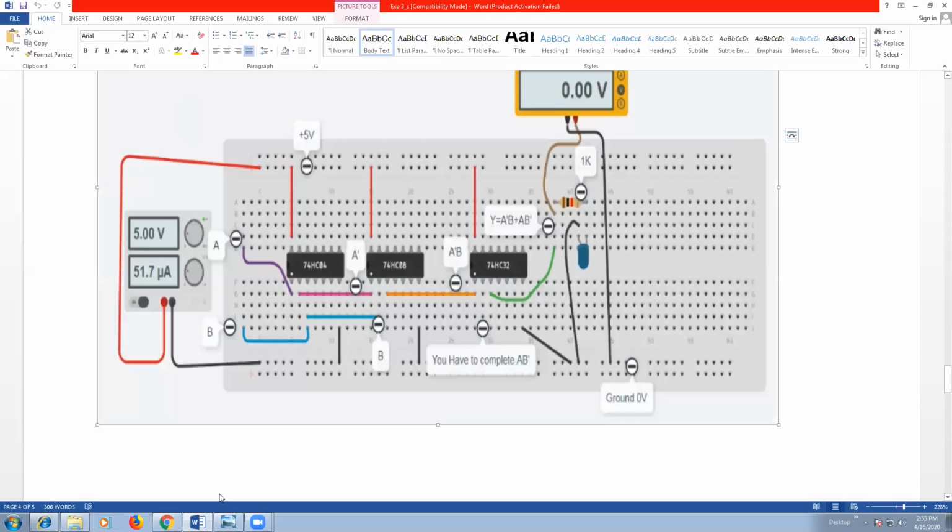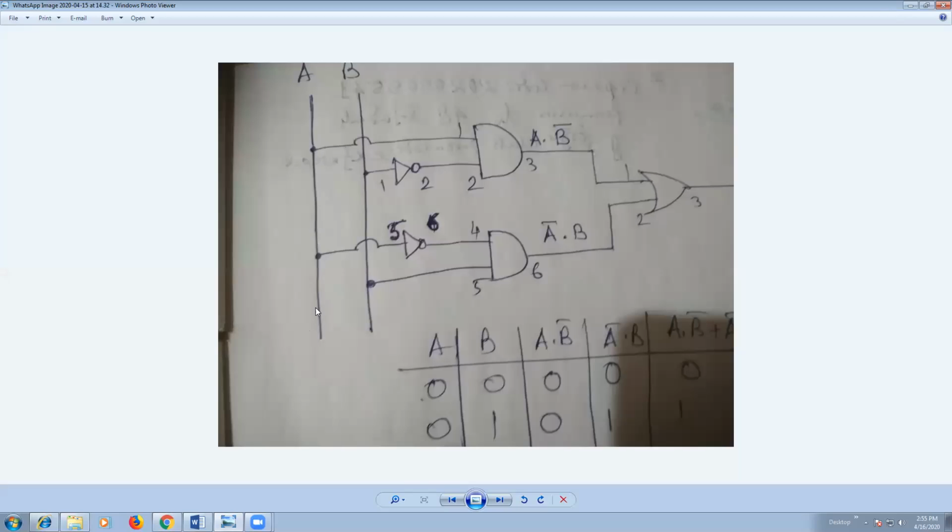I've already made it in my copy. You can see there are two bus bars. First one is A bus bar, then second one is B bus bar. From the A bus bar, I am connecting one input terminal or pin of an AND gate IC.